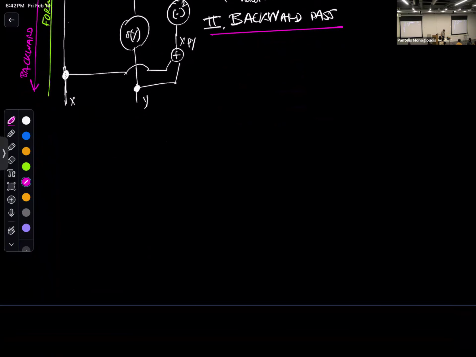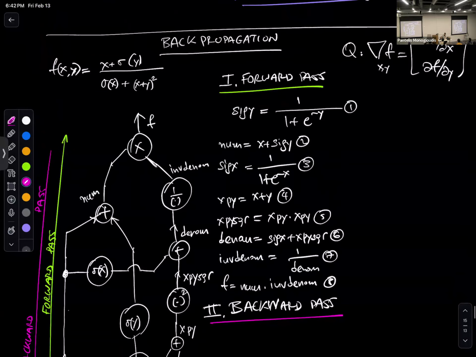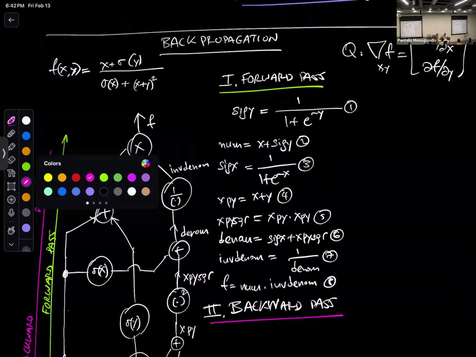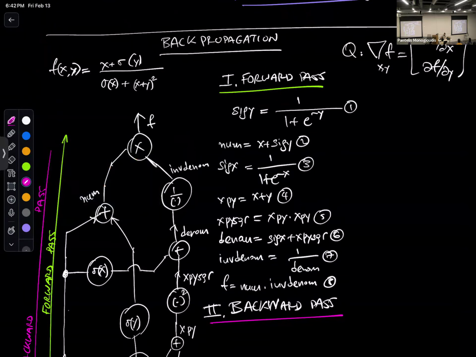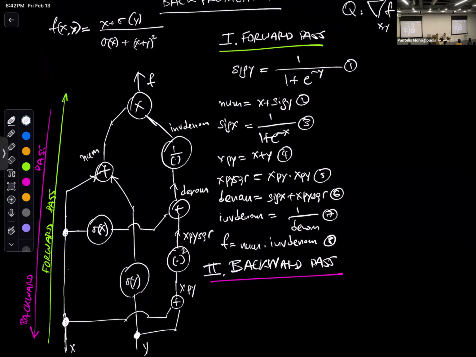Okay, so let's see. I want to start from the top and I'm going to apply a template as I'm going and visiting every gate. I'm going to draw the template right here. Doesn't matter if it is in the section of the forward pass.